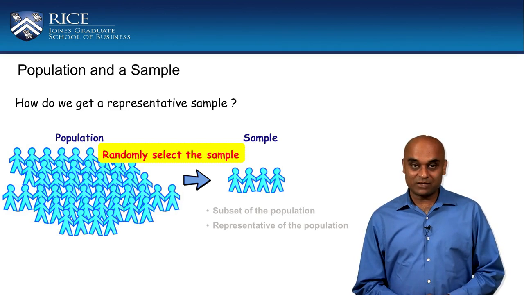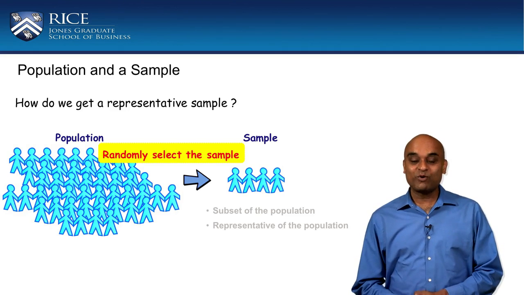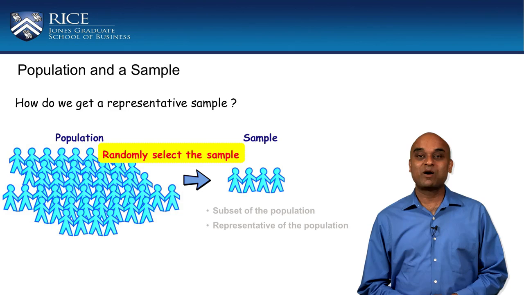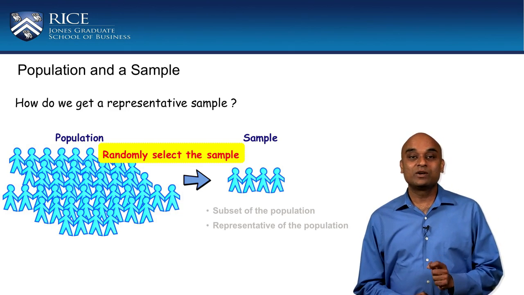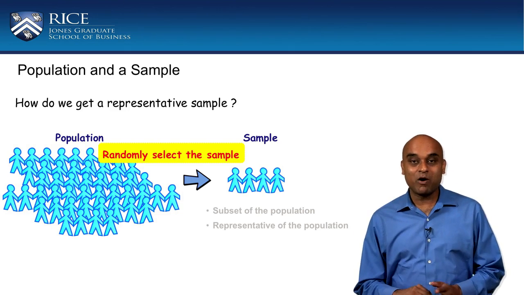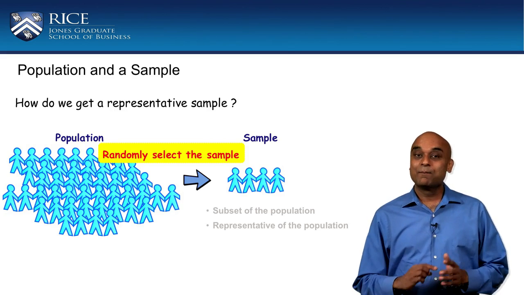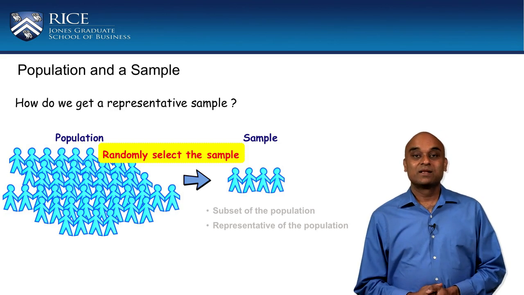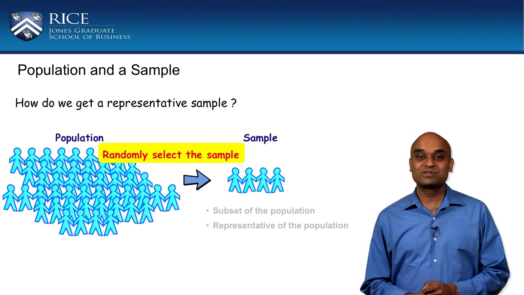Apart from being a subset of and representative of the population, before we start making inferences about the population based on the sample, we need to introduce some more statistical concepts. One of the very important concepts that allows inference about a population based on a sample is a theorem called central limit theorem, which we will introduce in the next lesson.